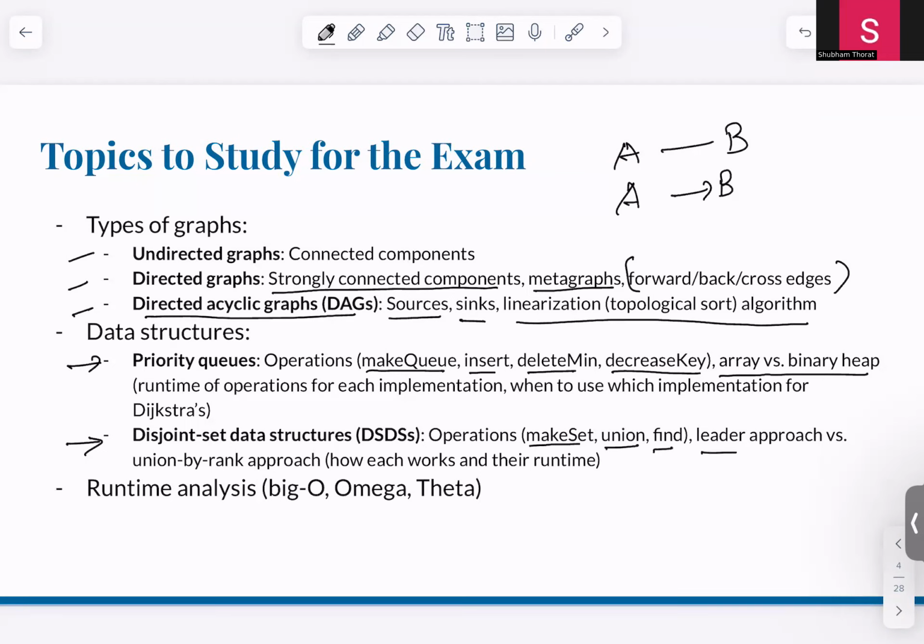Versus the leader approach, in which we are simply using an array and assigning the leader, and in case of union, we are just traversing the whole array and replacing the parents. The important thing here is the runtime of each operation. I again want to emphasize a little more on these notations. Make sure you understand what these notations are. Your runtime depends on them.